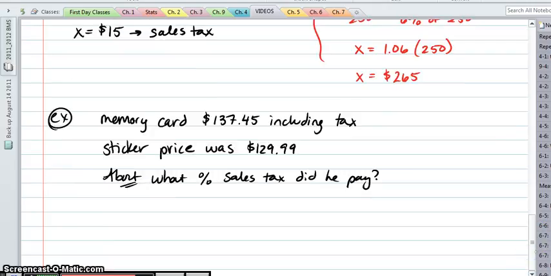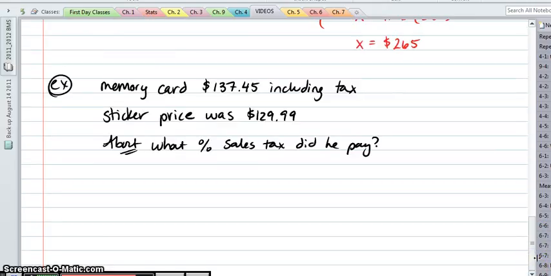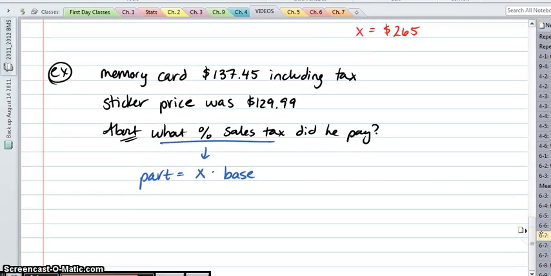So similar to the problems we looked at before, except we're given different pieces of information. Here we don't know the sales tax. Okay, what percent sales tax? So that's going to be our variable x, which means we have the part and we have the base. So what are they? Well, we know what was paid. We could use that information right off.